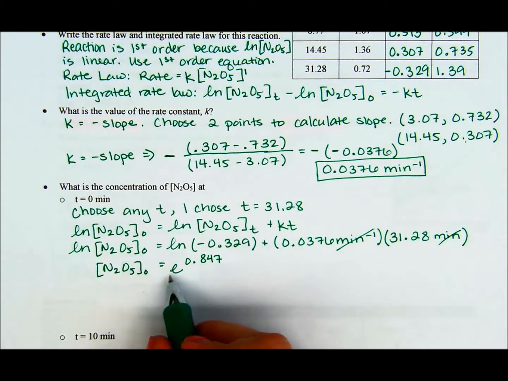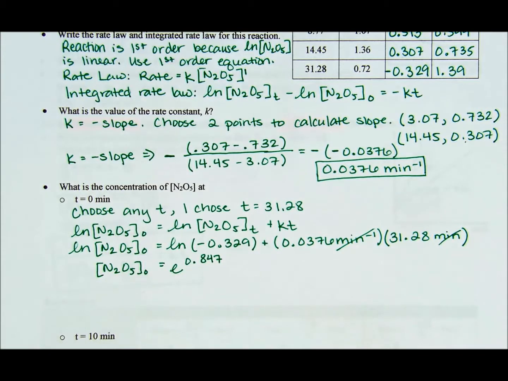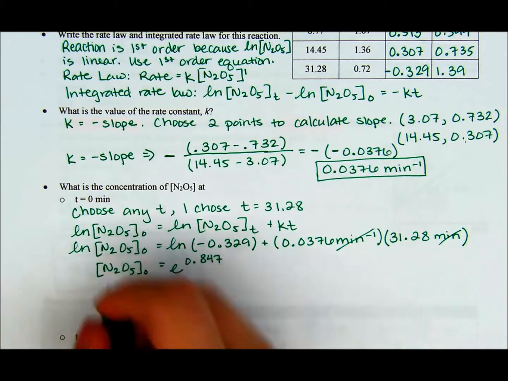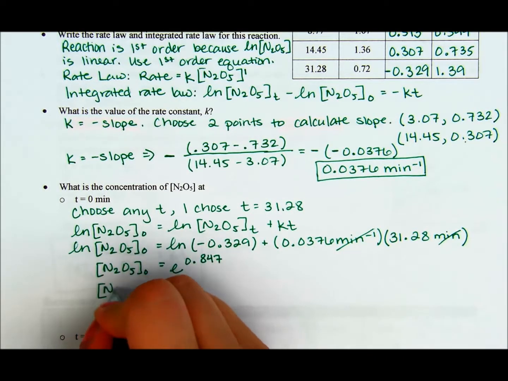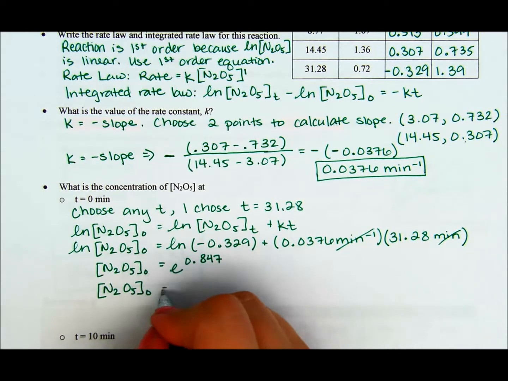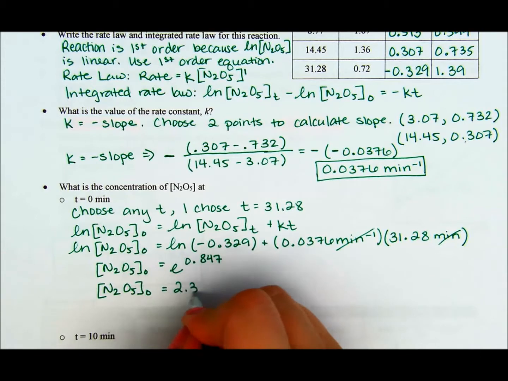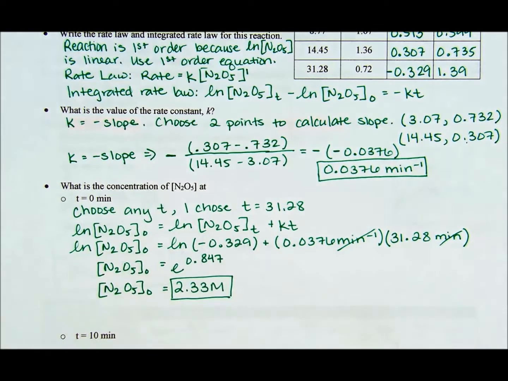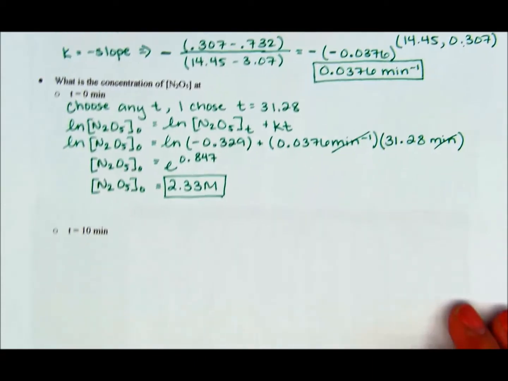When plugging this into your calculator, use lowercase e. Don't use the capital E on your calculator, because that means something else. It's for scientific notation. So you end up getting your concentration to be equal to 2.33 molar. That's your concentration of N2O5 at the very beginning, at time equals 0.